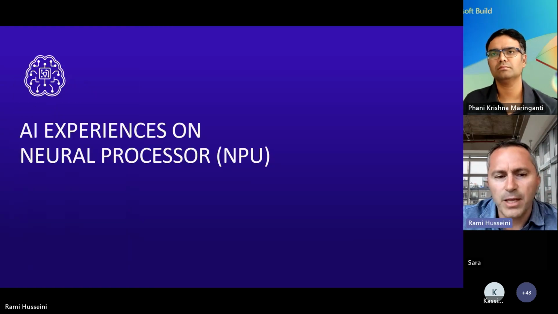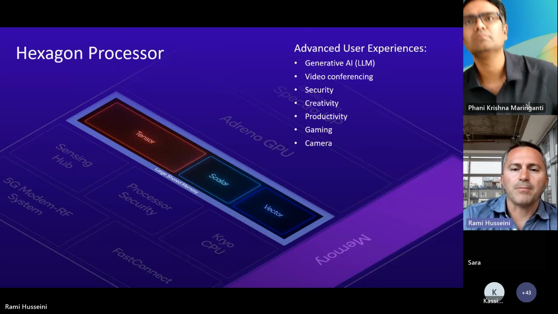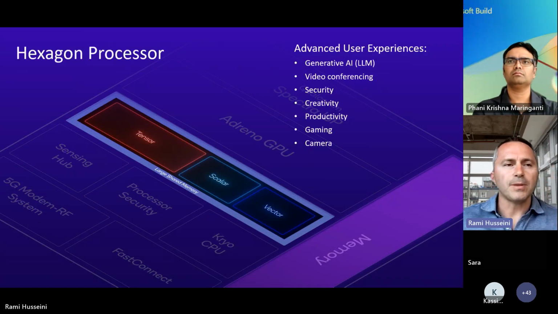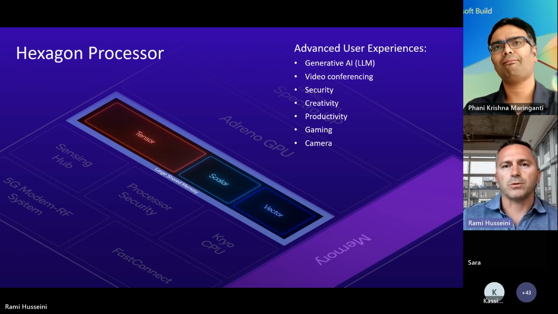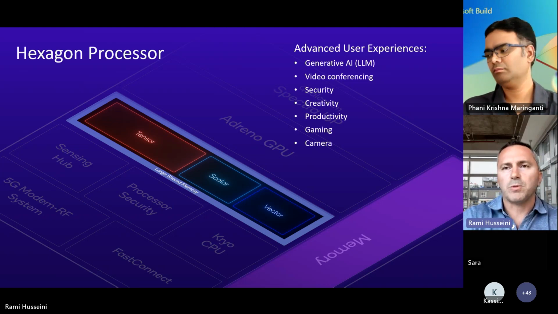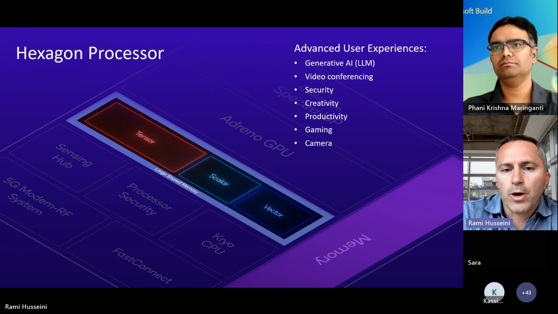So now we'll touch on the AI experiences. As you heard from the keynotes today, running AI on the edge is really critical. As new experiences come to the edge around productivity, around generative AI, even think about video conferencing with all the AI workloads on that.